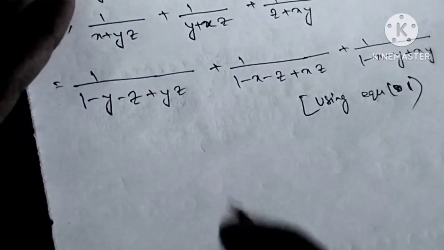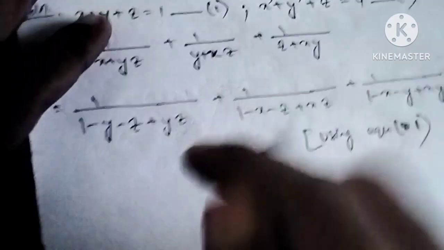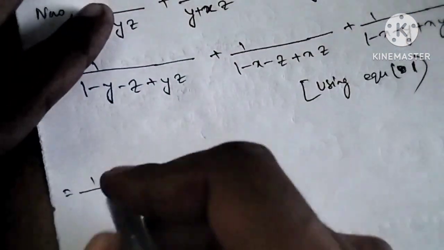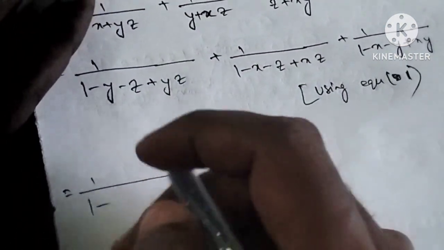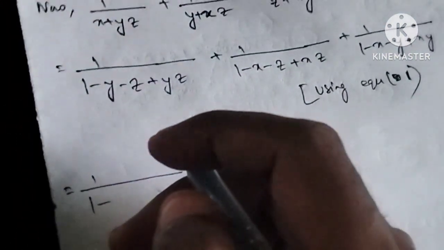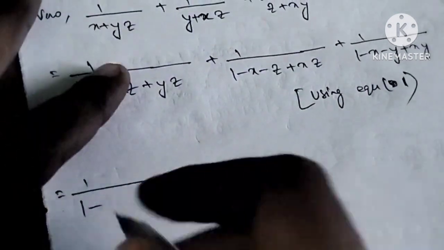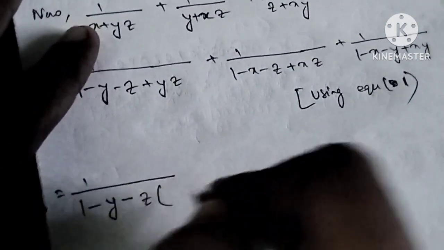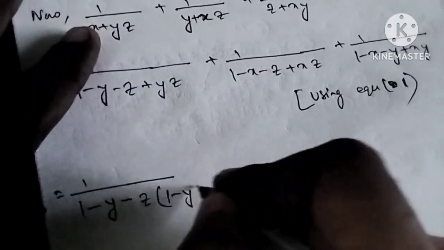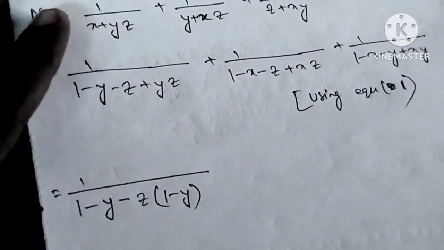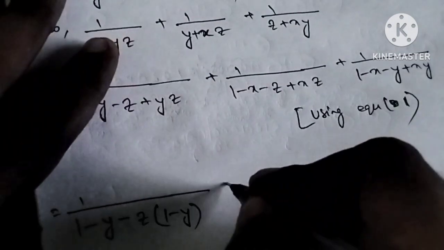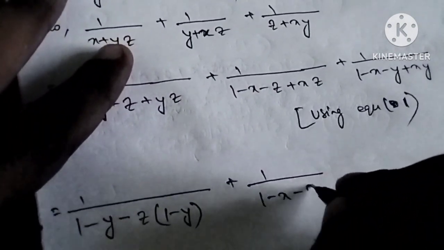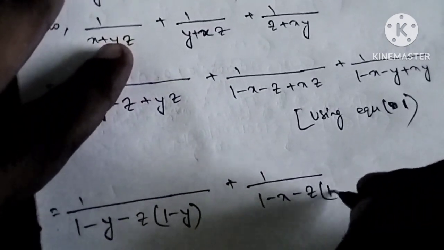So now what will you do? 1 by 1 minus y minus z plus yz, I can take common 1 minus y. So here also 1 minus x minus z plus xz, I can take common 1 minus x.